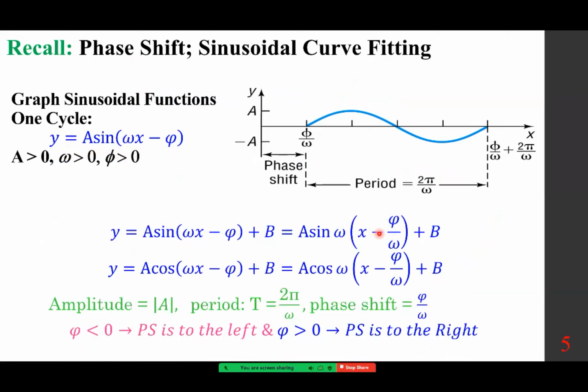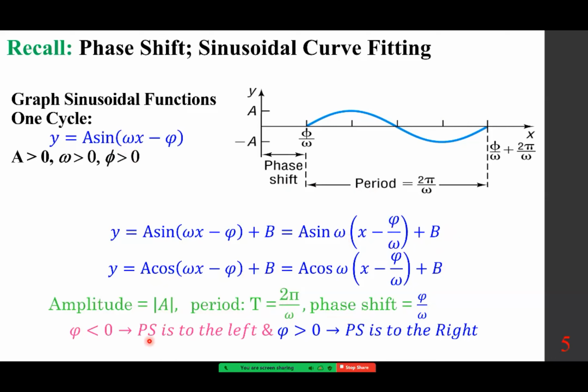This creates the phase shift of phi over omega, plus b, creates up and down along the y-axis. So amplitude is still absolute value of a, period is still 2 pi over omega, and the phase shift is phi over omega. It's important to take this omega out, so you see this is the phase shift.